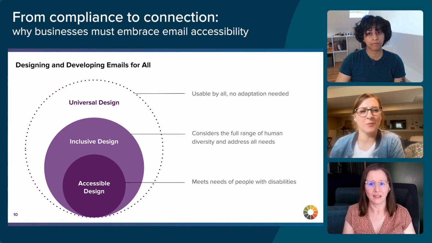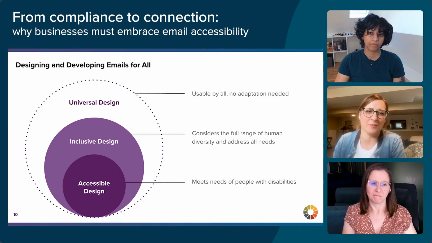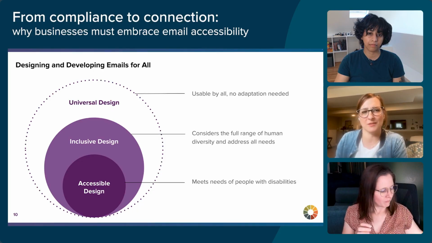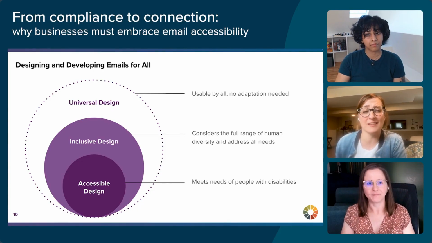Right. And when we take a step back and look at this graphic, we see inclusive design and development. This approach includes people with disabilities, but also considers folks with different cultural backgrounds, marginalized groups who may face unique challenges with our content.